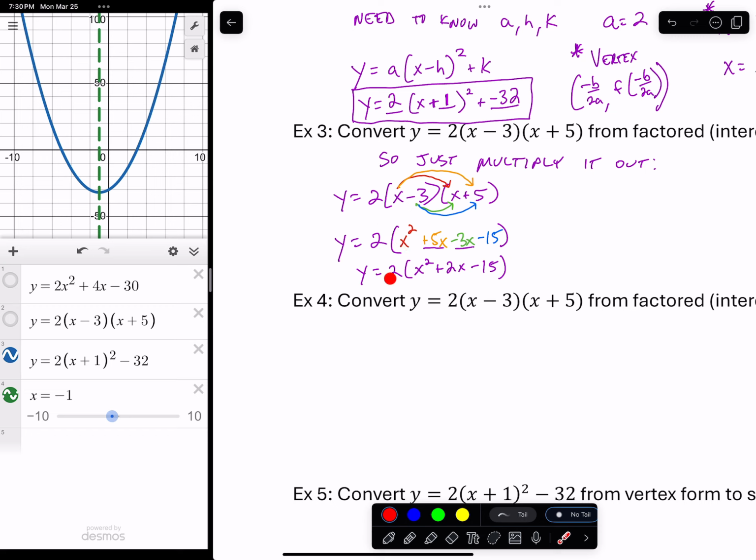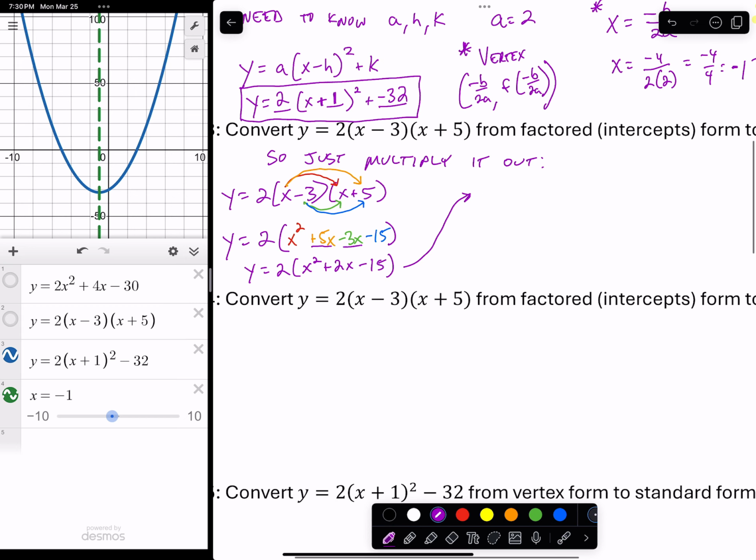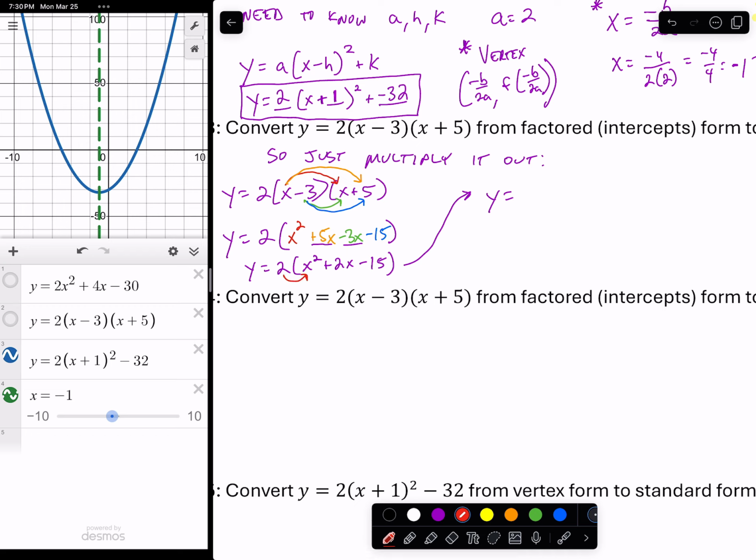I still have that 2 hanging out, so now I can finally distribute the 2 to all these parts here. I'll make a new line up here. Y equals, if I distribute the 2 times the x squared, I get 2x squared. If I multiply the 2 times the 2x, I get plus 4x.